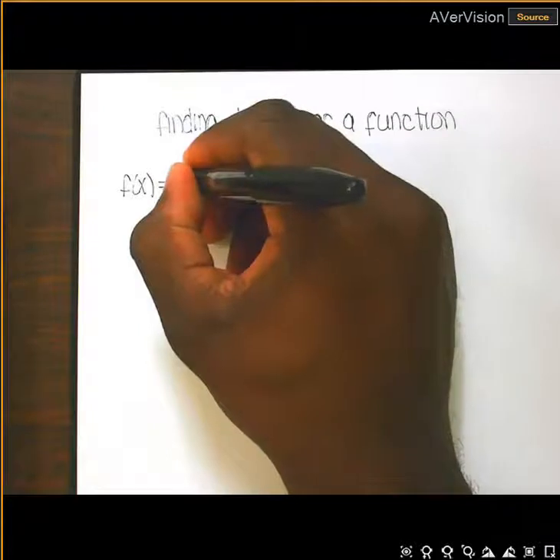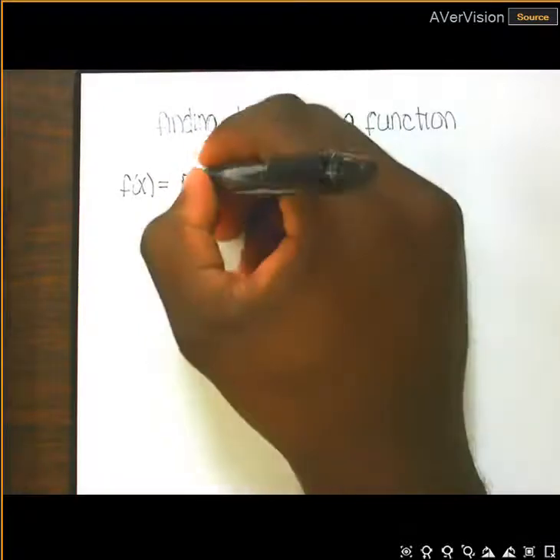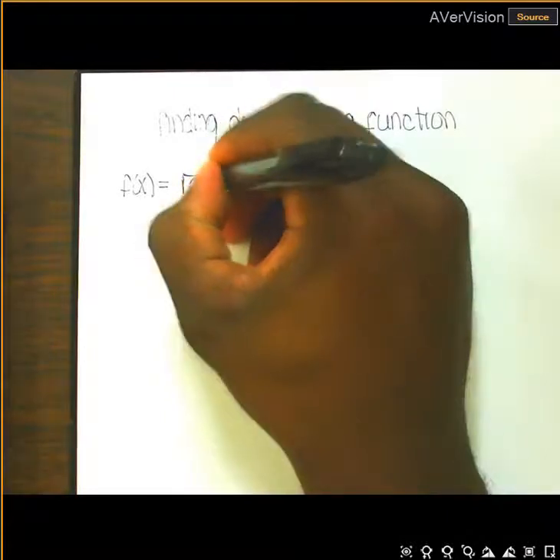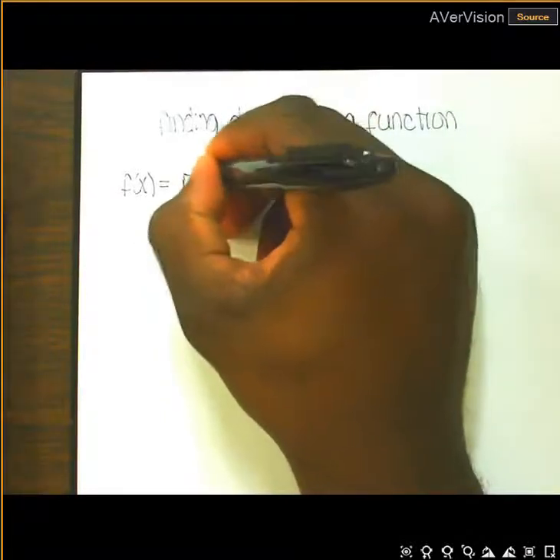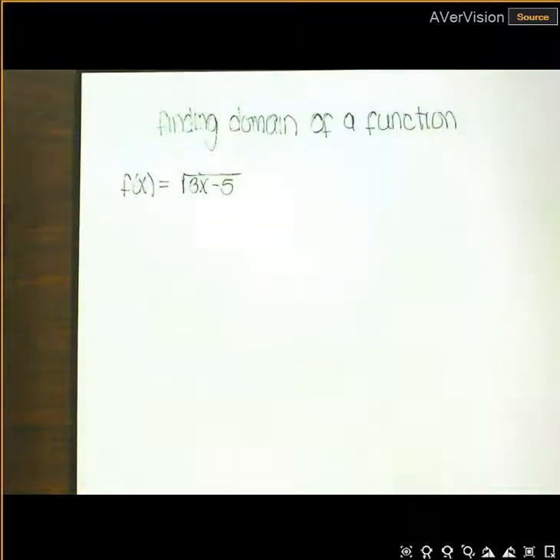Go to the square root of 3x minus 5. And we want to find the domain. Remember, to find domain, we need to find where the function does not exist, right?